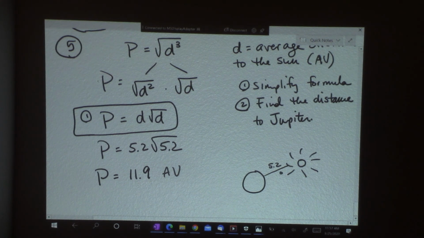It's the time that it takes to travel around the sun. Can you imagine? Almost 12 years it takes.